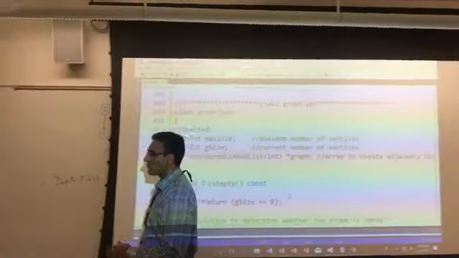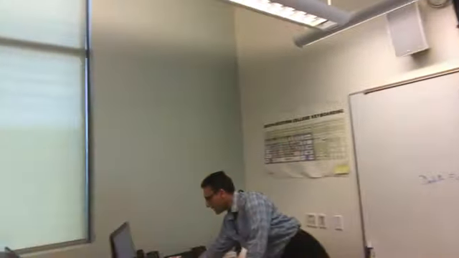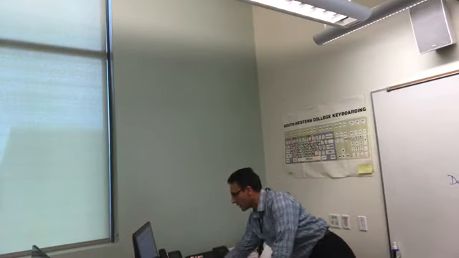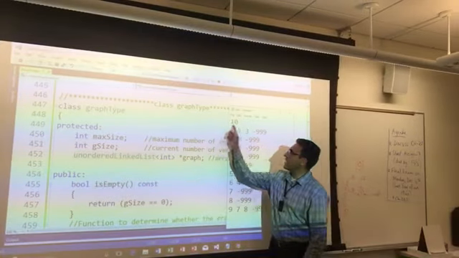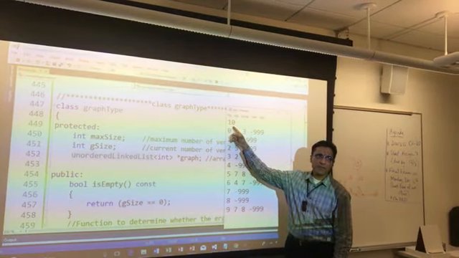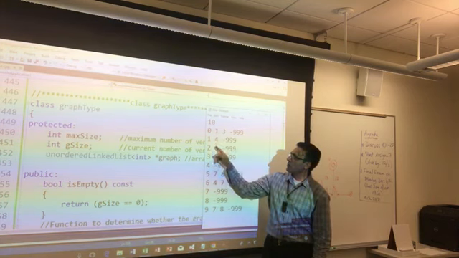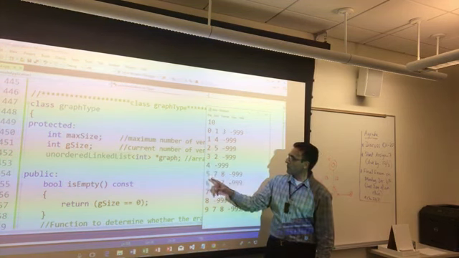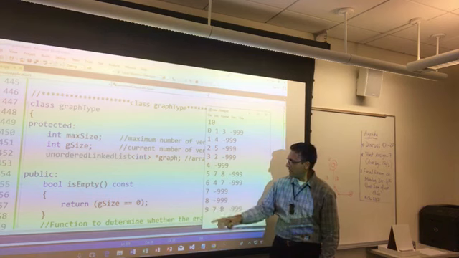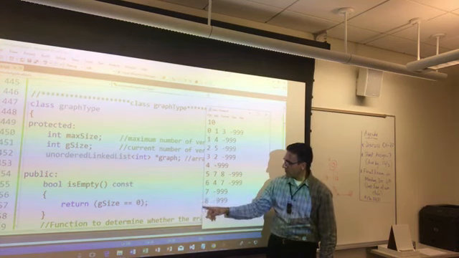Let me highlight this one further. Let's say this is my data point. In this case, I'm only interested in adding 10 vertices. From 0 to 1 to 3, from 1 to 4, 2 to 5, 3 to 2, 4, 5, 6, 7, 8, 9. So there are 10 vertices here.